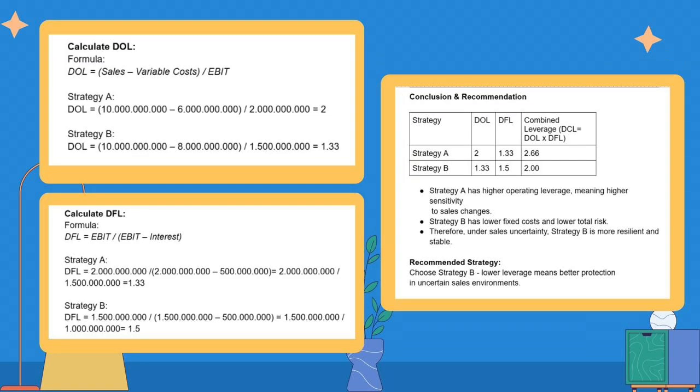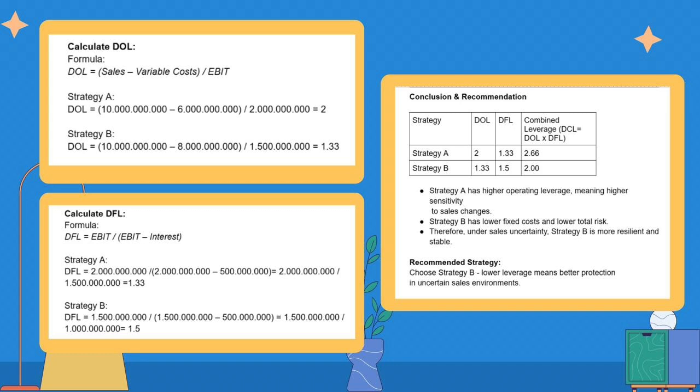Next, we calculate DOL, formula: sales minus variable cost divided by EBIT. Strategy A, DOL 2, strategy B 1.33. Next, we calculate DFL, formula: DFL equals EBIT divided by EBIT minus interest. Strategy A, we got 1.33 and strategy B, we got 1.5.